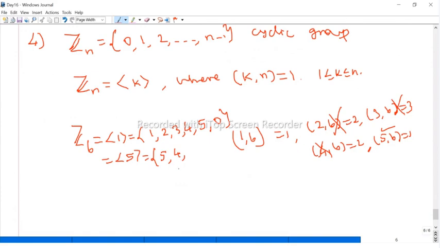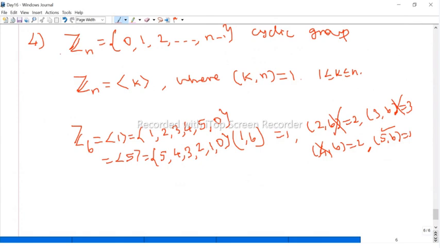And then 15, and 15 modulo 6 is 3, because we remove 12 and have 3. Then 20, and 20 minus 18 is 2. And then 25, minus multiples of 6, we get 1. 30 is a multiple of 6, therefore we get back to 0. Therefore, you get the entire group.